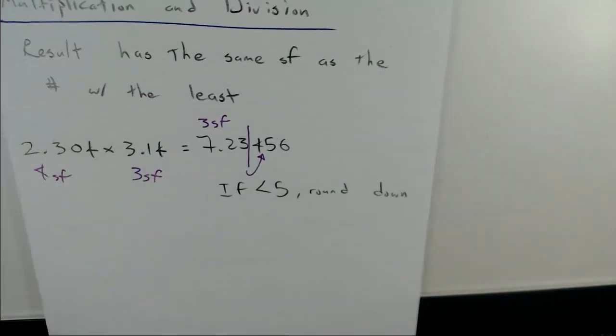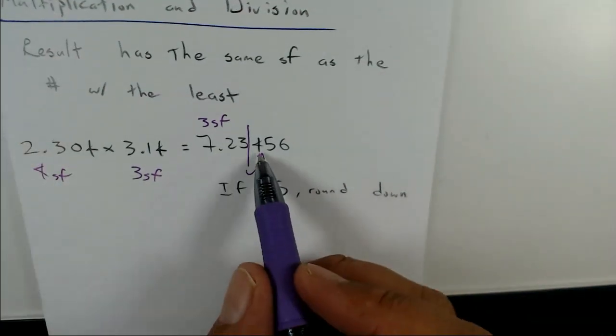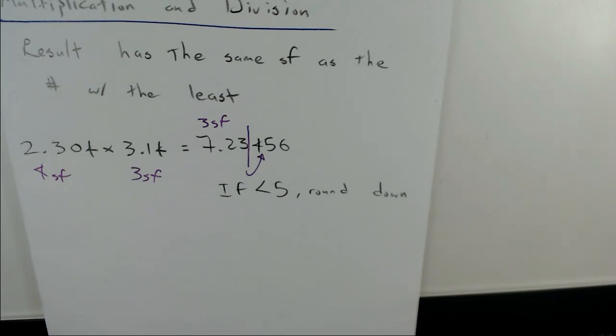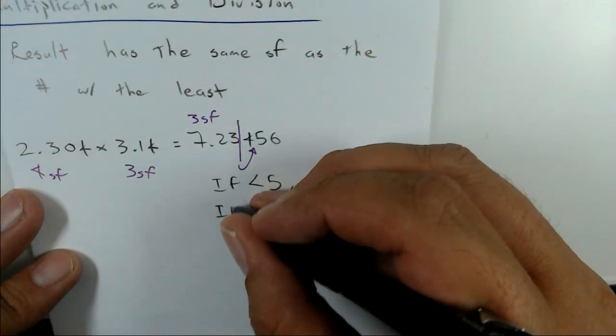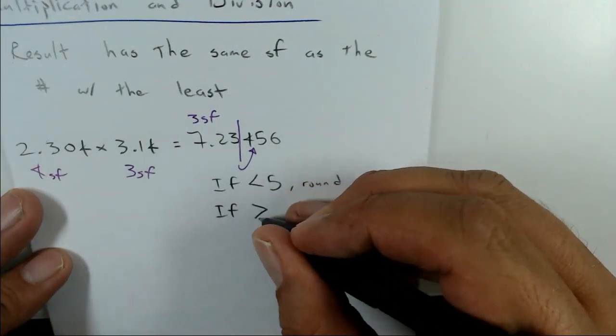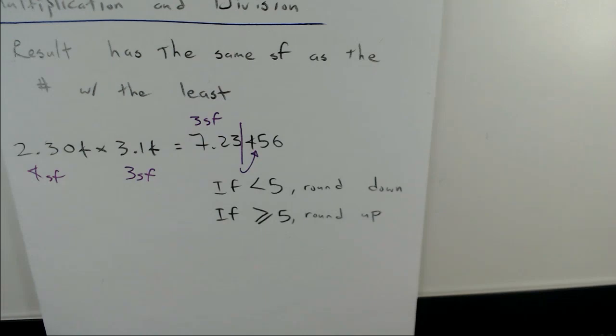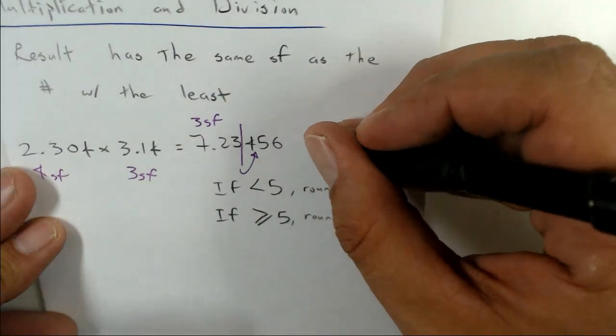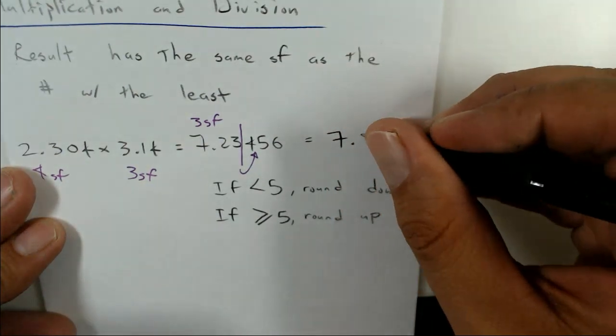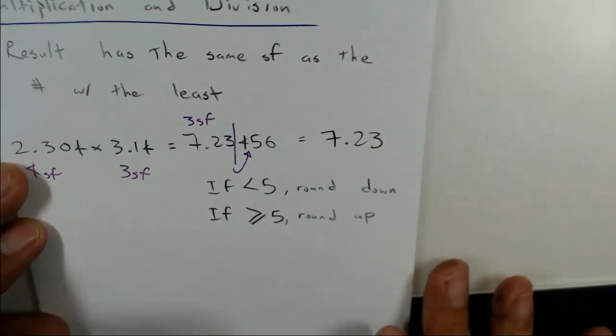I don't care what's after that number, just the first digit dropped. And if the number is greater than or equal to 5, round up. All right, so finally, to correctly report my answer, it is 7.23.